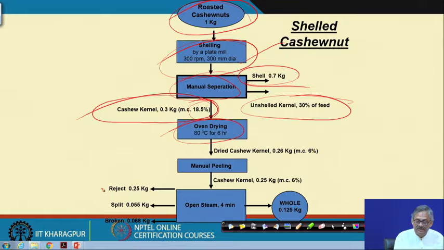Then oven dried at 80 degree centigrade for 6 hours, dried cashewnut kernel 0.26 kg with a moisture content of 6%.